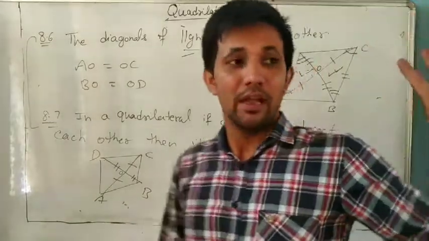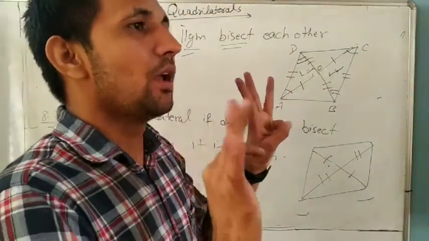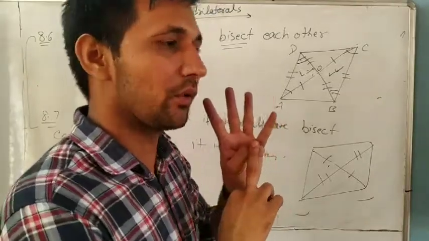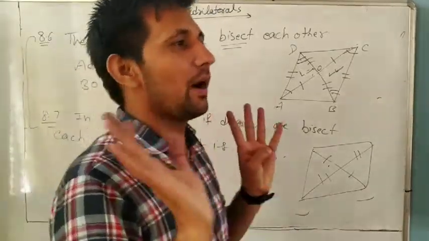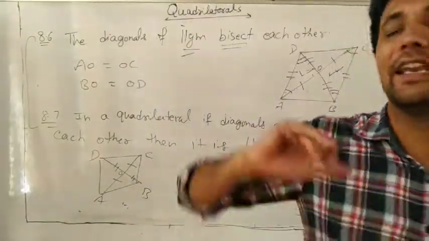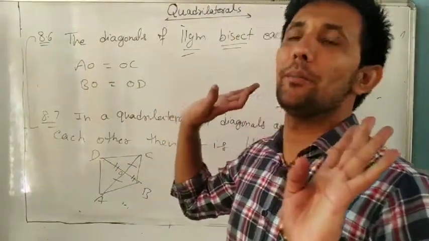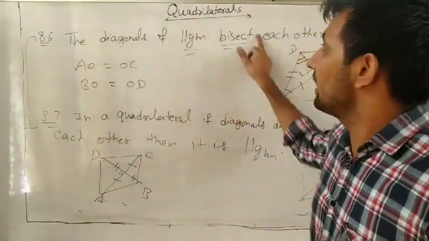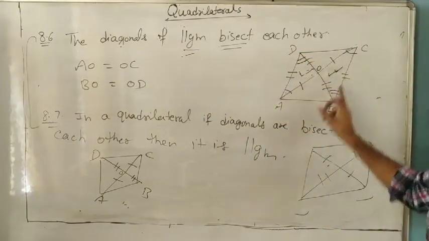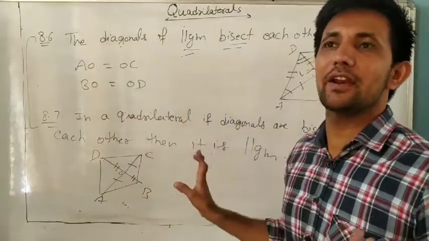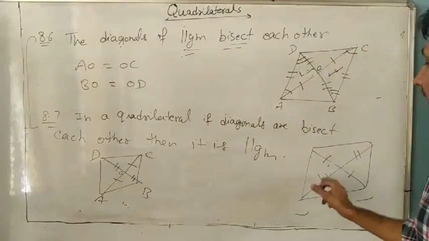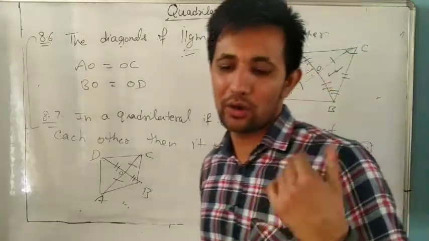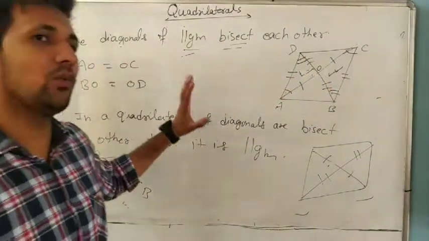Third: in a parallelogram opposite angles are equal. Now the opposite of this one, number 4: if in any quadrilateral opposite angles are equal, then it is a parallelogram. Now in a parallelogram the diagonals always bisect, and its opposite: if in any quadrilateral you prove the diagonals bisect each other, then it is a parallelogram. Understand? Remember this.